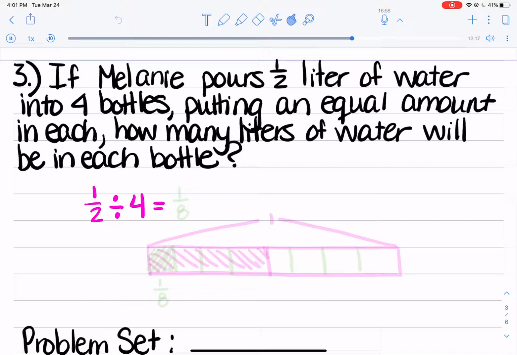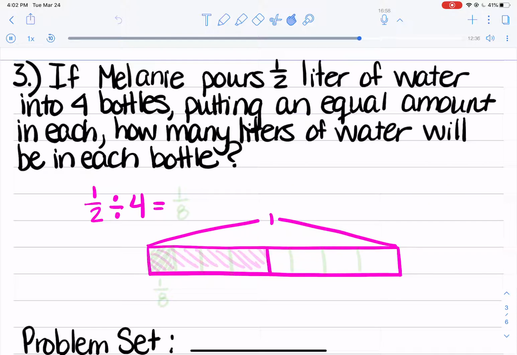So how can we draw this? Let me draw a tape diagram for this one. So again, this would be 1. And we're only going to deal with the 1/2 of it. So this is our 1/2 that we're dealing with here.